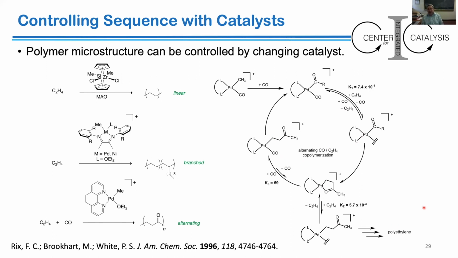And so this is really cool. It takes advantage of the kinetics for a reaction here. In other words, the relative rates for ethylene insertion versus CO insertion, which in principle you could change by altering the identity of the catalyst, although this is still a challenge. And it's something that our center is interested in.